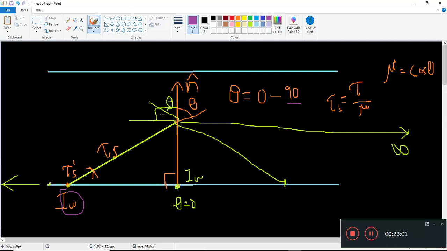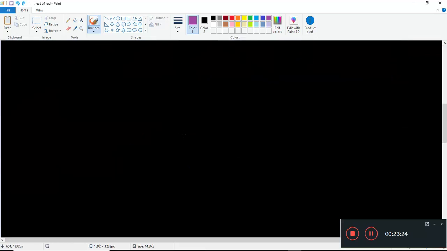So what happens if we go past 90? Theta more than 90, theta equals 90 to 180 degrees, or in terms of radians, pi by 2 to pi. The picture is slightly different when theta is more than 90 degrees.